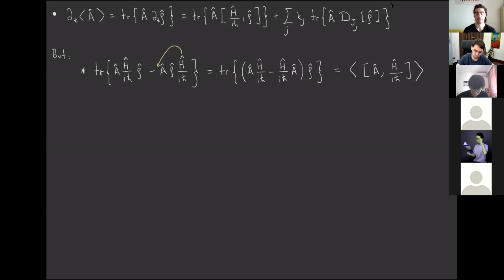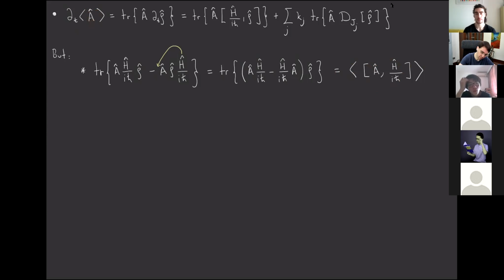So we have been able to find that the evolution of the state A has one term that is the expectation value of the Heisenberg equation. This is not a surprise. In the Heisenberg picture, if this were a Hamiltonian problem, you would know that the time derivative of the operator is the Heisenberg equation. So if you just take the expectation value, that's what you get. But we have been able to show it in the Schrodinger picture in this case.